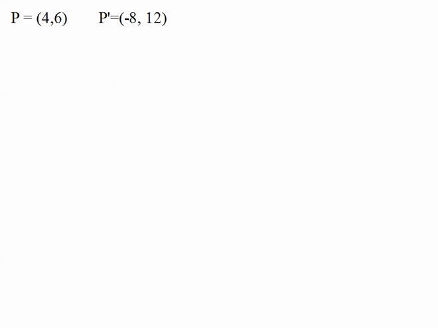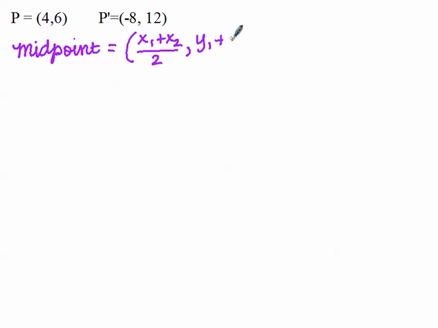Okay, so on this next one I've got point P at (4, 6) and point P prime at (-8, 12). So I want to find the midpoint of the segment, and remember the midpoint says you average the x's, (x1 plus x2) divided by 2, and we average the y's and divide by 2.